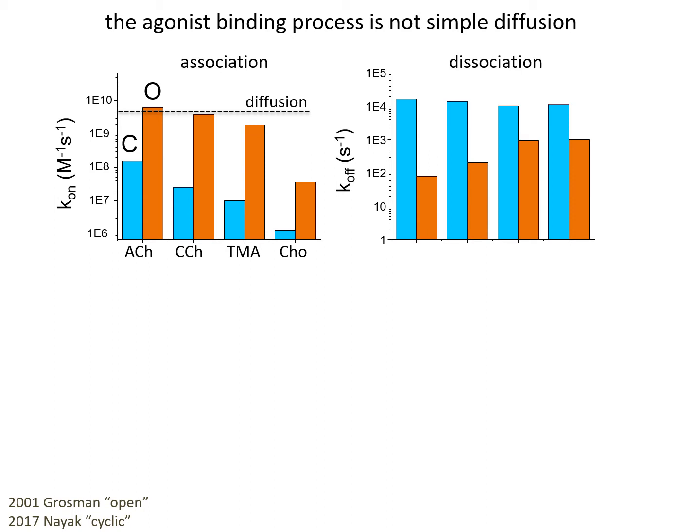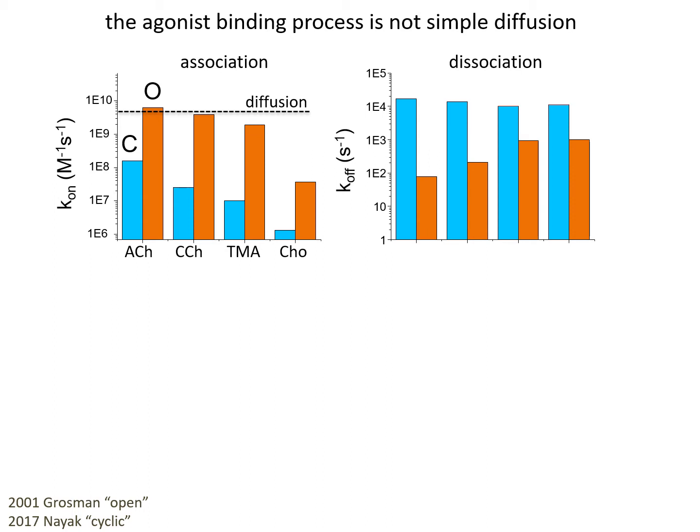I think this is the alpha delta site in both the C and the O conformation. So we made channels in C, we just took channels and added the agonist. For O, we made channels activate constitutively and then added agonist, and we could detect the transition to the liganded O state from the unliganded O state.